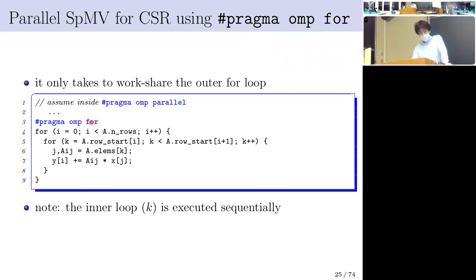You simply say omp for, so you want to divide all rows of the output vector among the threads you just created with this parallel pragma. This thread works on these rows, and the next thread works on another set of rows. You simply divide the work among threads by dividing the entire matrix into rows.